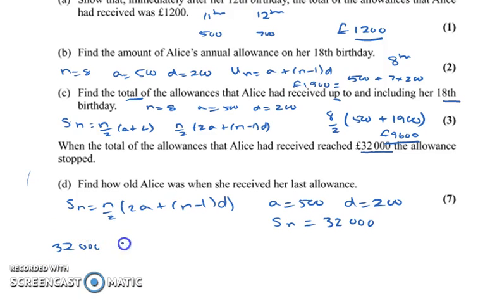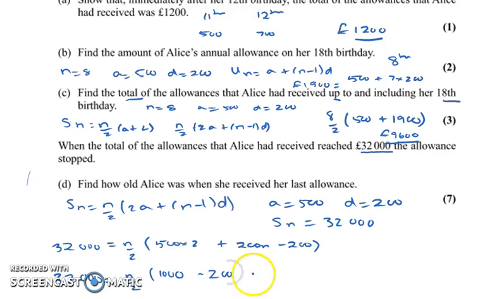Right, so we put it all in, we get 32,000 equals n over 2 times 2a add n lots of d, so we've got 200n minus 200. So we've got 32,000 equals n over 2 times 1,000 minus 200 add 200n.